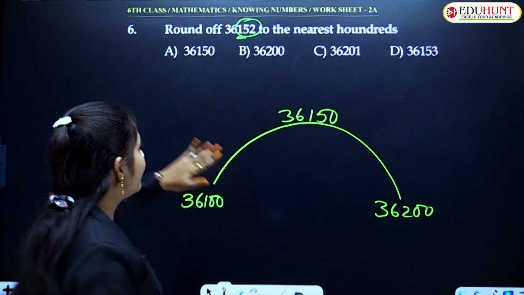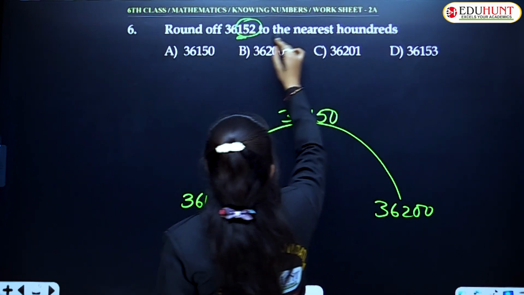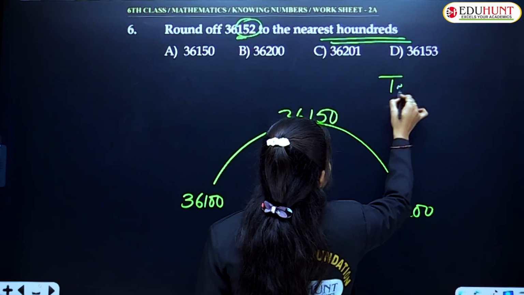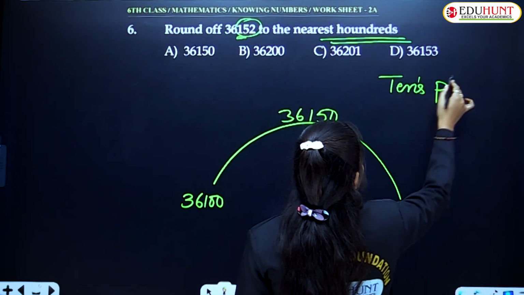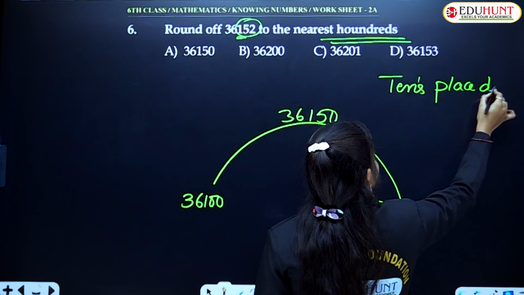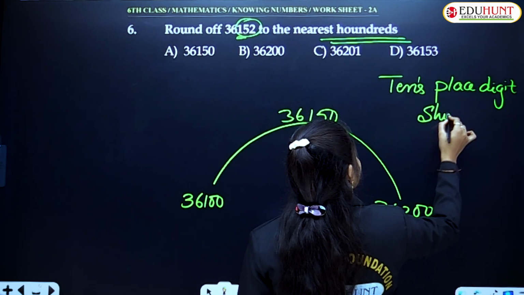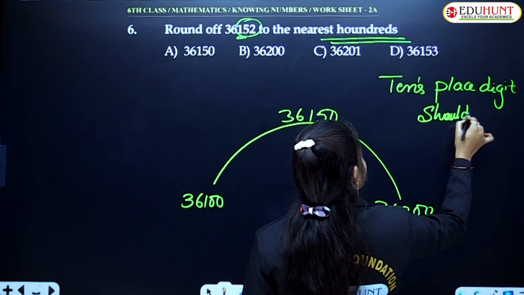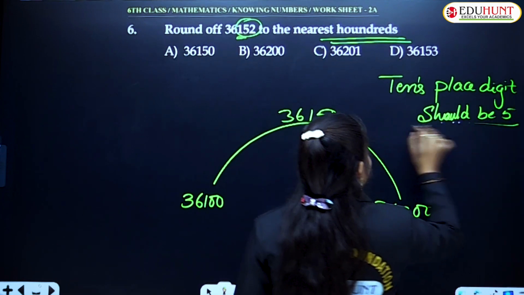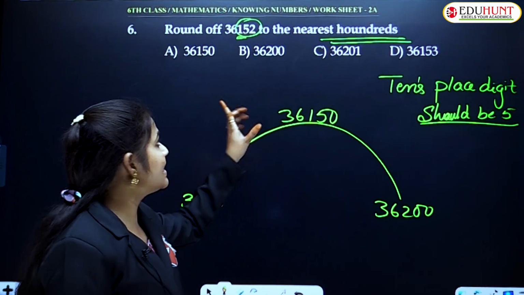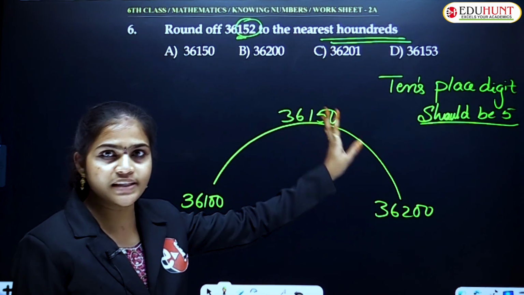While you are writing the nearest hundreds, we have to check the tens place digit. Here the tens place digit should be 5. For nearest tens, that number should end with 5.